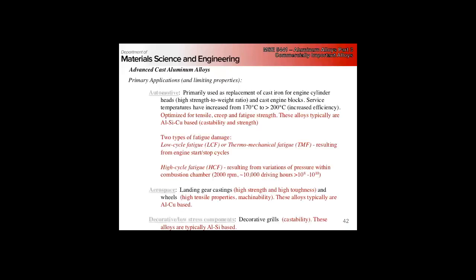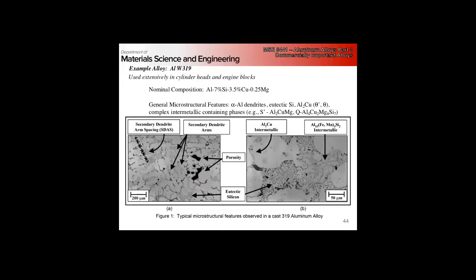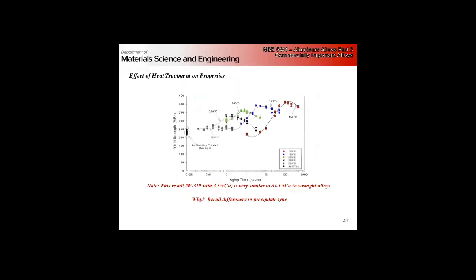Okay. So cast aluminum alloys, generally, the microstructure is going to be significantly different than for a thermomechanically processed alloy. Understanding the basic ideas of what's going on in the microstructure, that they age very similarly, especially since they're mostly aluminum, copper, silicon.